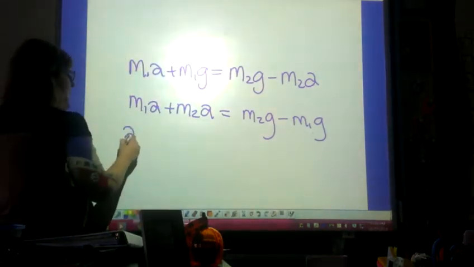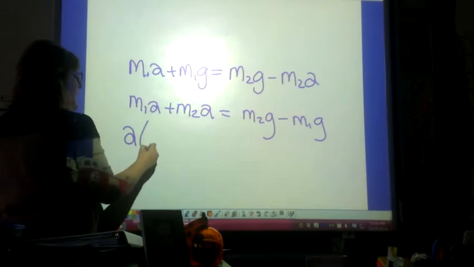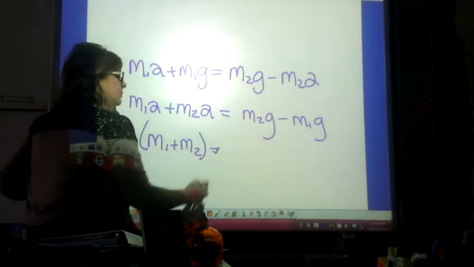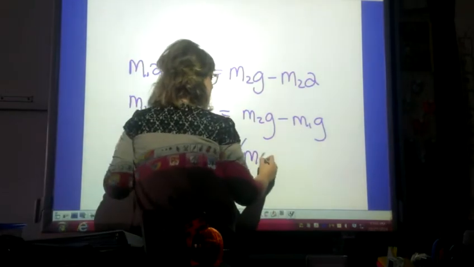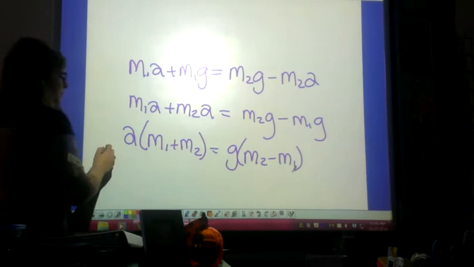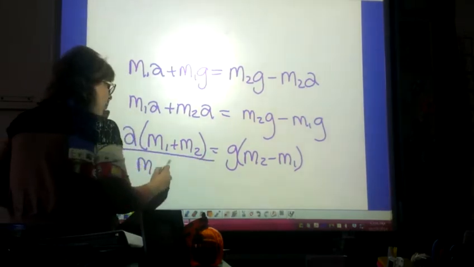And then let me just separate out A here. So A times M1 plus M2 is equal to G times M2 minus M1. I want A all by itself, so if I do that, let's divide both sides by M1 plus M2.